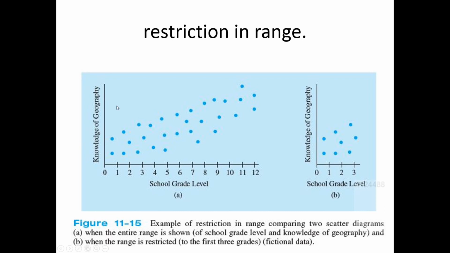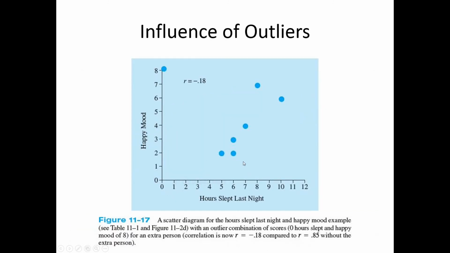But if we only analyzed data from the first 3 grades, because there is such a big spread of values, we may not detect any significant correlation. So if we only take data from the first 3 grades, we may find some very small correlations, but they may not be significant. So looking at only part of the data may not reveal the full relation between variables.